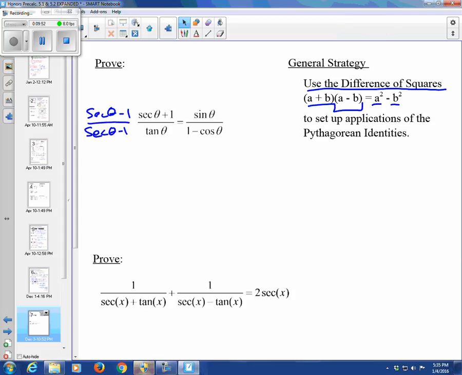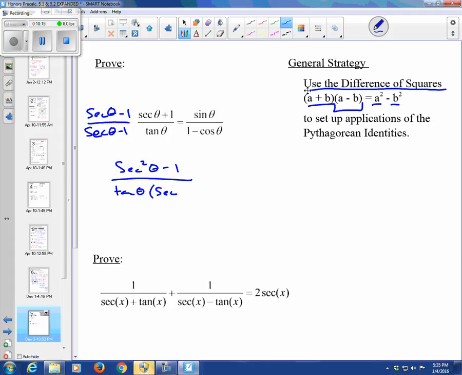Now at this point, I'm going to have secant squared theta minus 1 over tan theta times my secant theta minus 1. So tan theta times secant theta minus 1. Now I can use a manipulation of the Pythagorean identity involving secant.